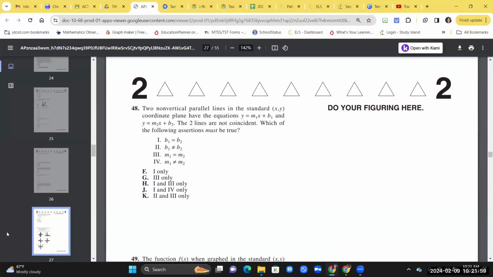Two non-vertical parallel lines in the standard plane have equations. Non-vertical parallel lines, not coincident. We should know parallel lines have the same slope. And not coincident.